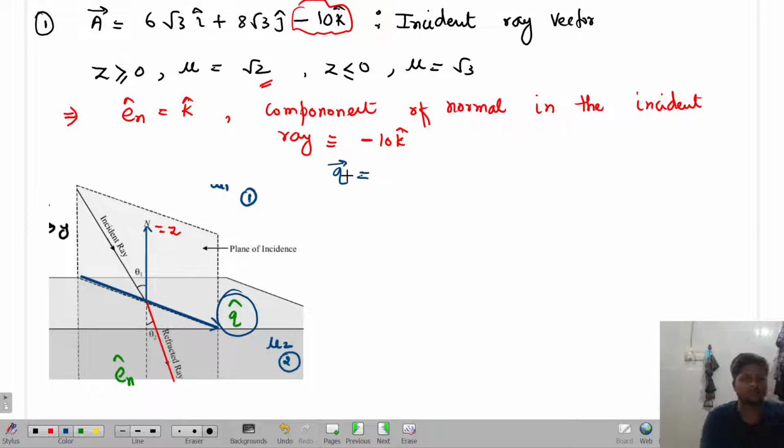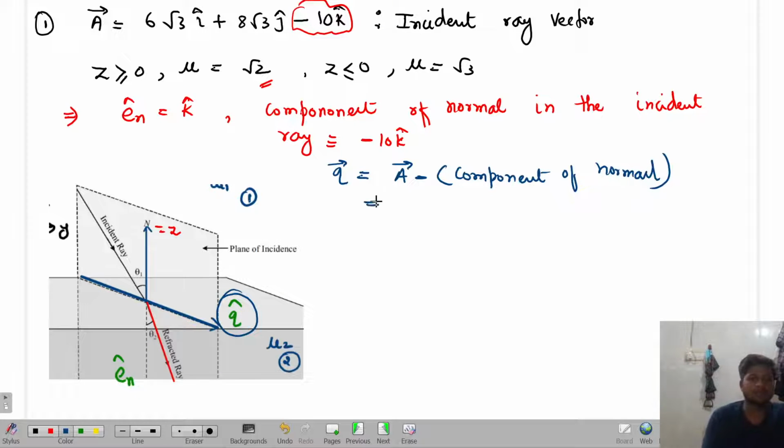The q vector will be vector A minus the component of normal, meaning incident ray minus component of normal.